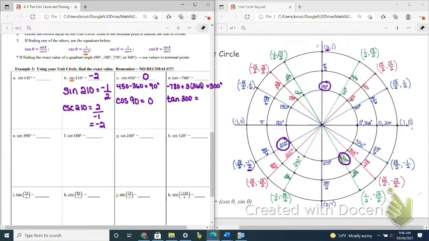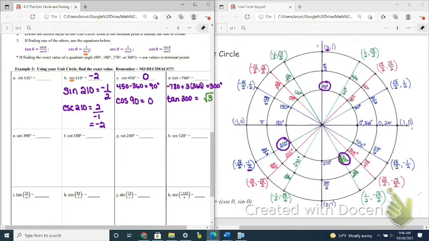Notice it is green. So I can use my green reference angle from the front part of this note sheet to know the tangent of anything green is square root of 3. Now I just need to decide if it's positive or negative.